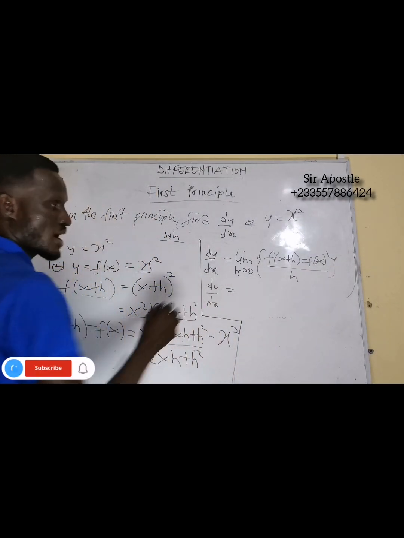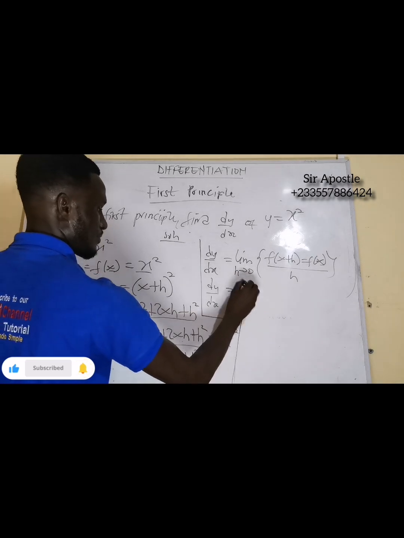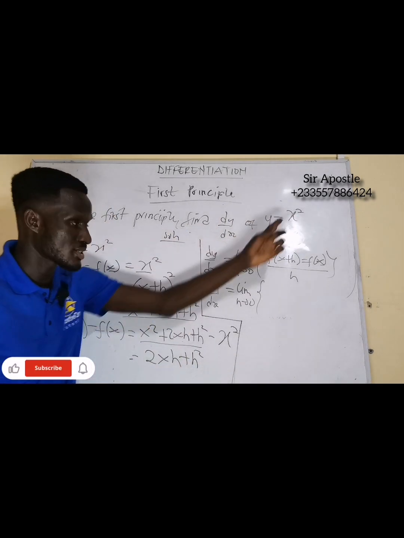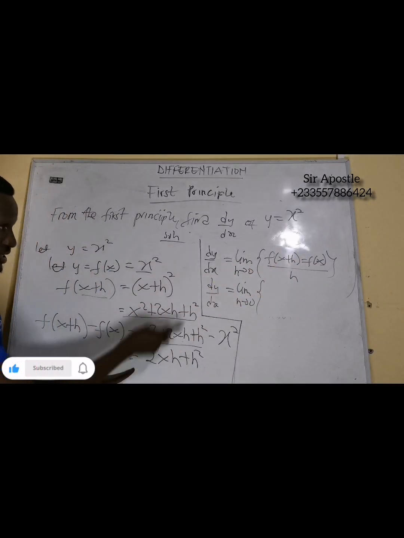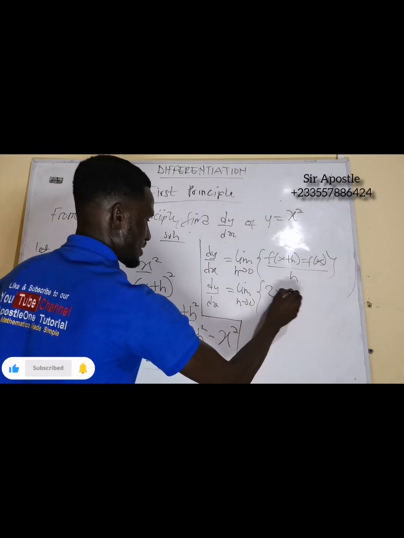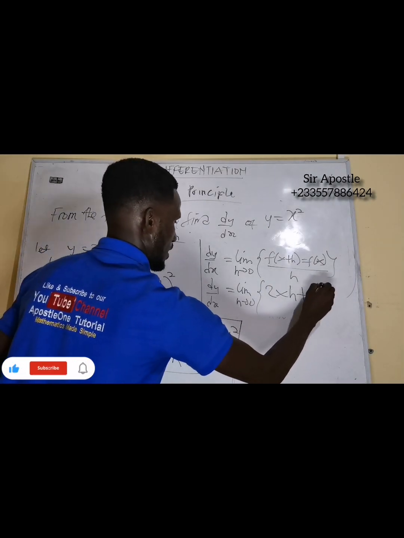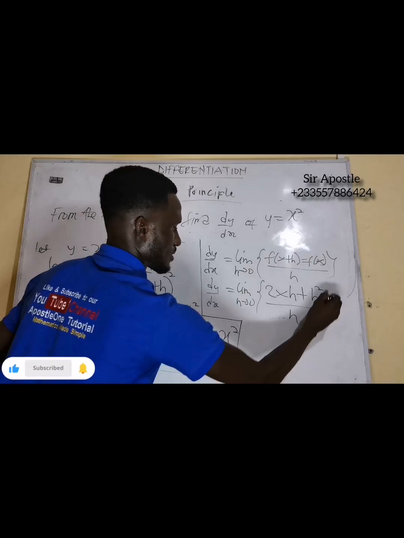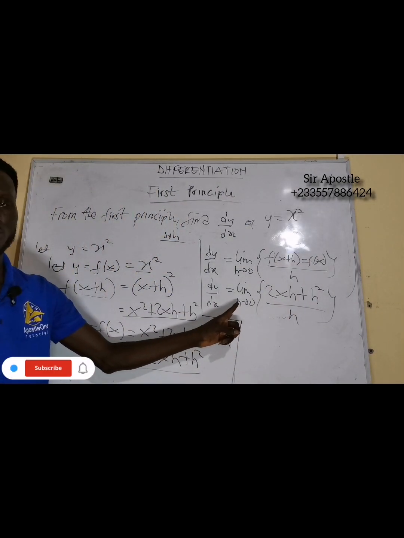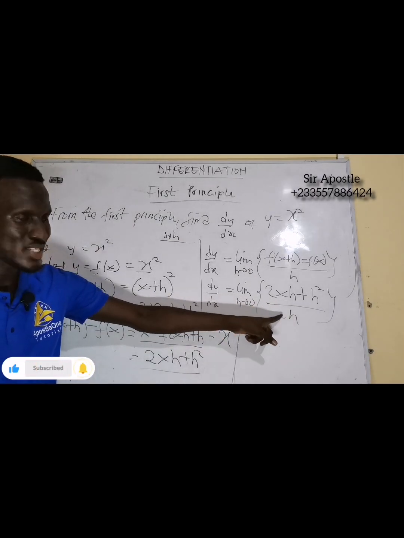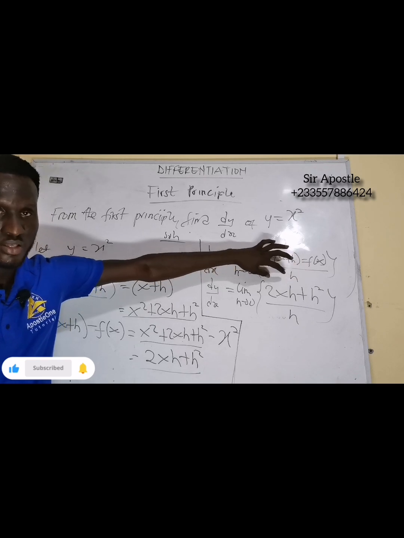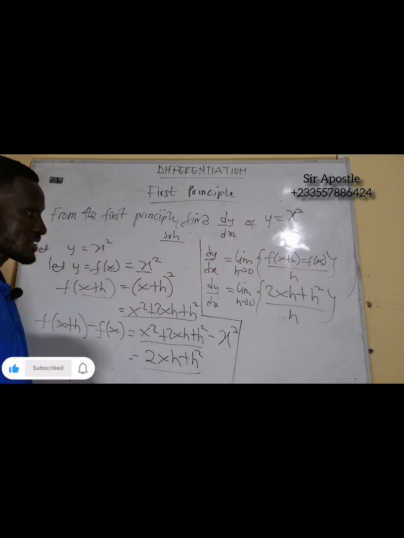Now f of x plus h minus f of x is the whole of this one, the numerator. So let me substitute: I get 2xh plus h squared, all divided by the denominator h. We can't find the limit by substituting h equals 0, because the moment you put h here, everything will be undefined. So you have to factorize and cancel h out.